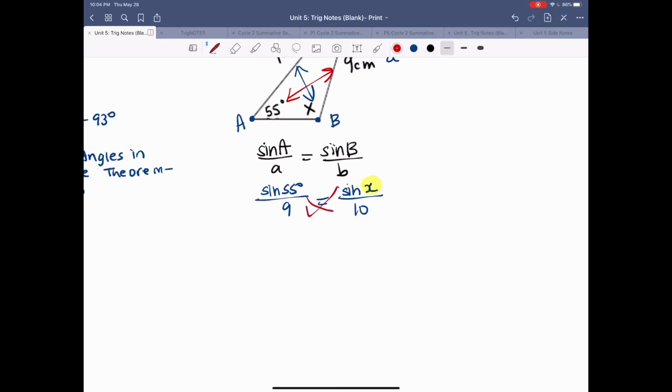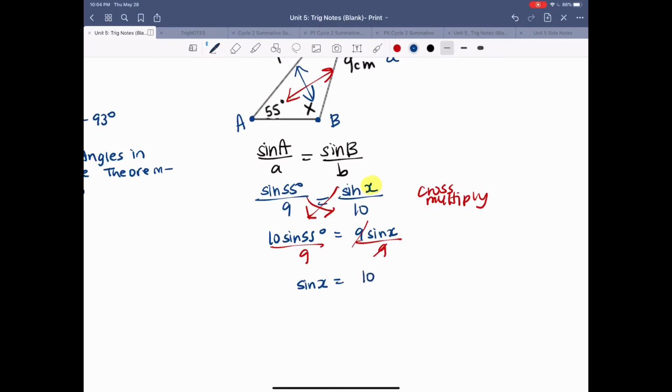We're going to cross multiply. We get 10 sine 55 equals 9 sine x. We're going to divide by 9 on both sides. We get sine x equals, I like writing my x on the left side, so that's how I've moved it. Doesn't really change anything.